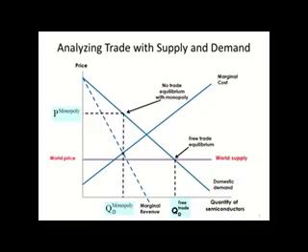So not surprisingly, the no trade equilibrium with monopoly is considerably worse than the no trade equilibrium with a competitive domestic industry. For all the usual reasons, the monopolist charges more and it produces less. Now, what happens when we have international free trade? Well, when we have free trade, amazingly, the free trade equilibrium is exactly the same.